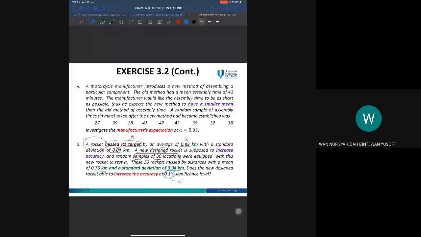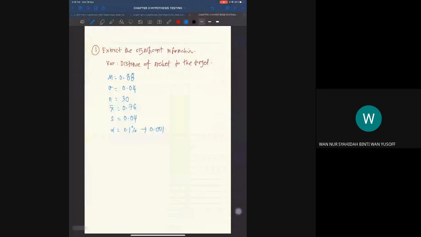Why is it not a confidence interval? Because we need to conclude something, it is not an estimate. So hypothesis testing. The first step, the hypothesis.